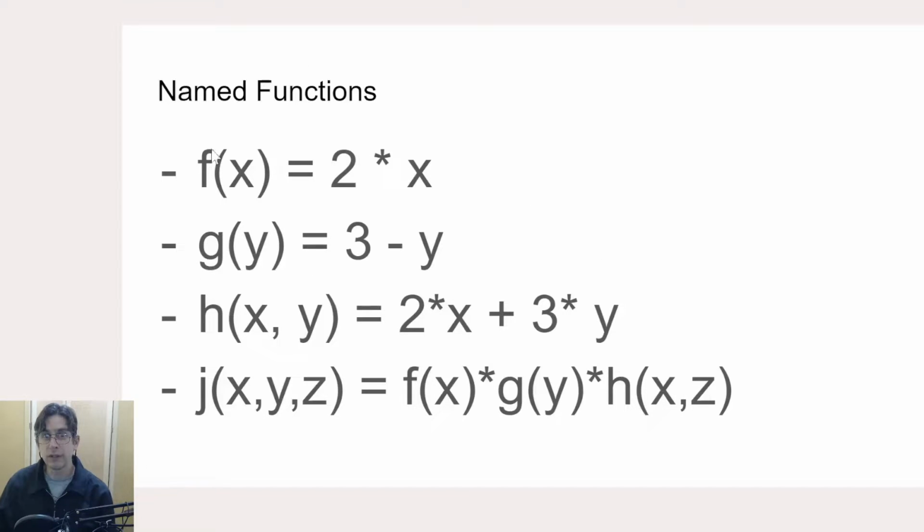So you see that the names of the functions were useful here because I could use them, f, g, and h, here to define j.